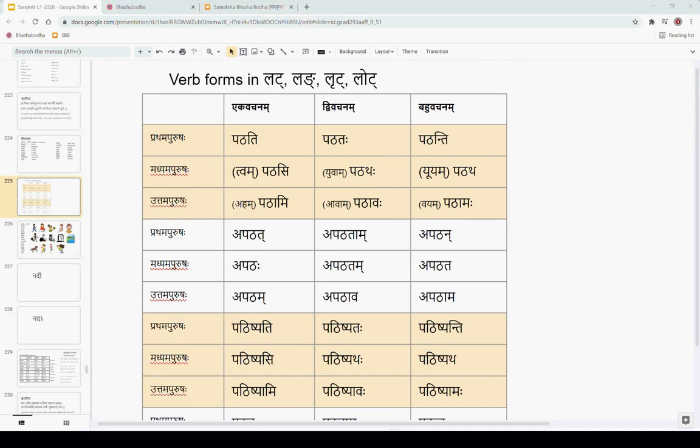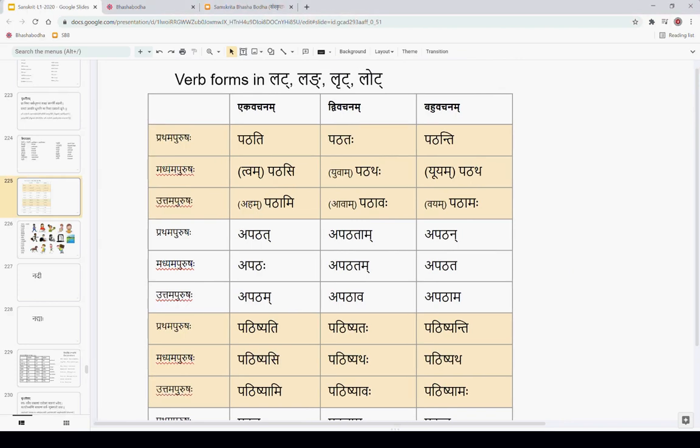So in this prathama purusha, what are the possibilities of kartrupadam? When we use prathama purusha form, he, she, it. In Sanskrit, saha, sa, ta, and te.